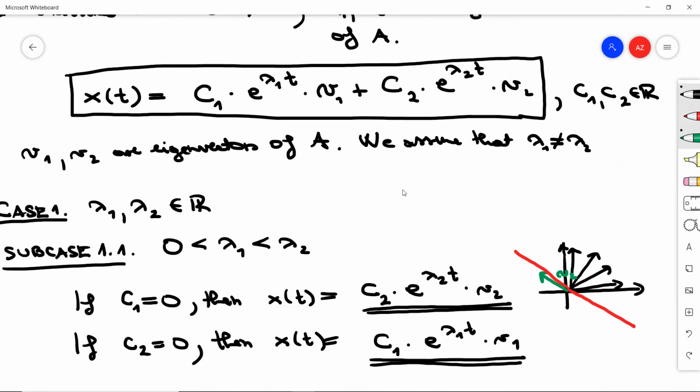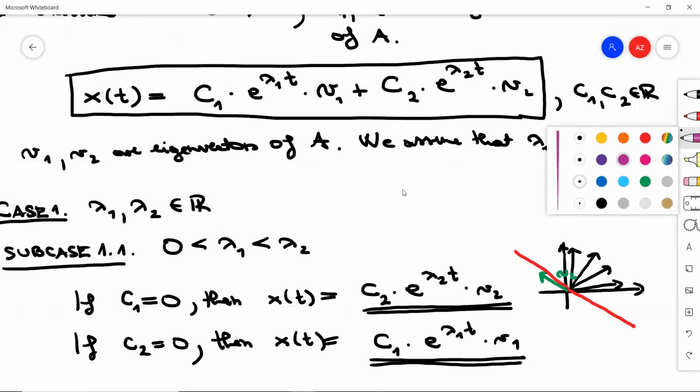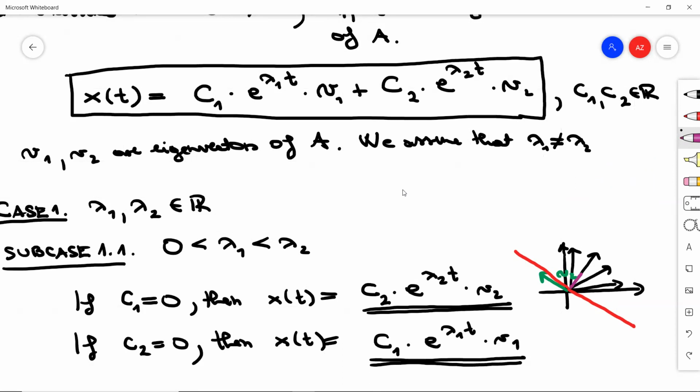So this is V1. I forgot to say that A is symmetric.